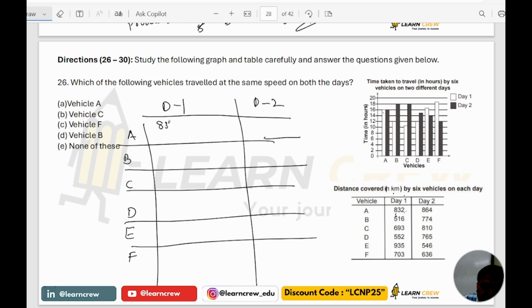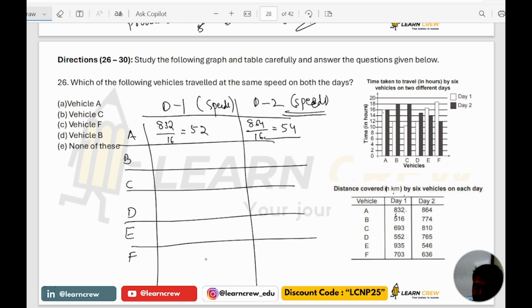How much are you going to get here? 52. Similarly, on the second day, day 2, 864 in the same 16. So it is going to be 54 kilometers per hour. So these are all speeds of the vehicles on different days.